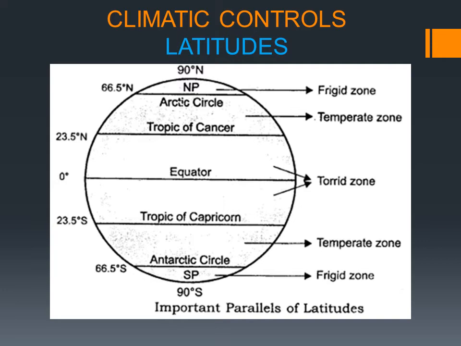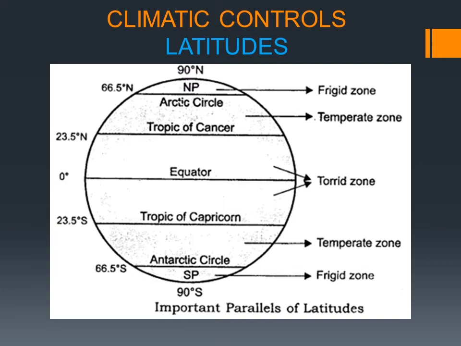We know that 0 degree is the equator, 23.5 degree north is the Tropic of Cancer, 23.5 degree south is the Tropic of Capricorn, 66.5 degree north is the Arctic Circle, 66.5 degree south is the Antarctic Circle, 90 degree north is the North Pole, and 90 degree south is the South Pole.